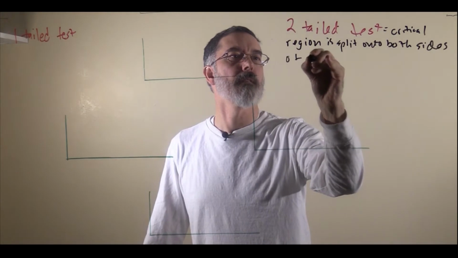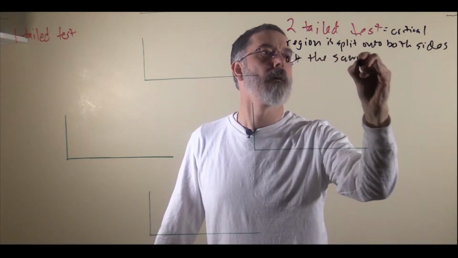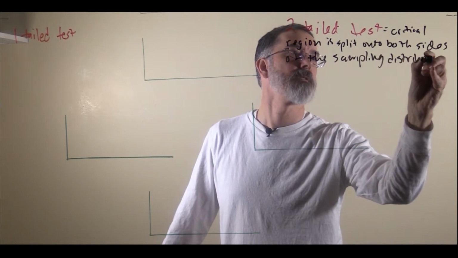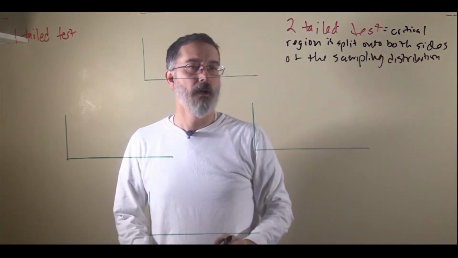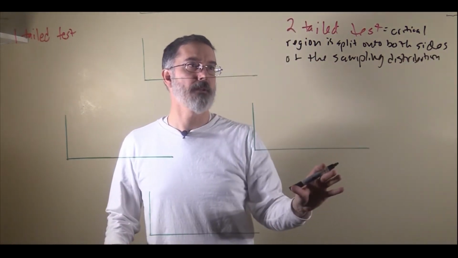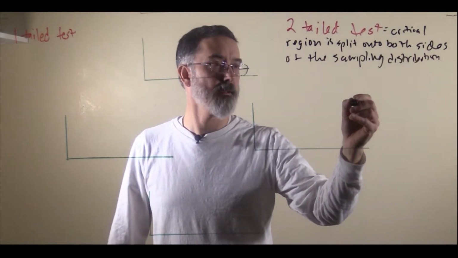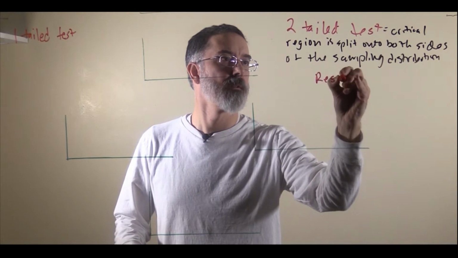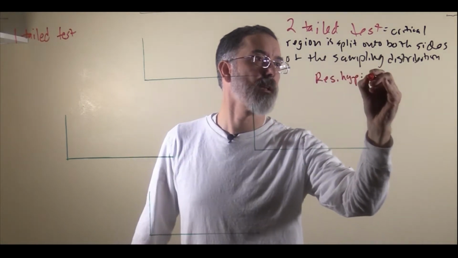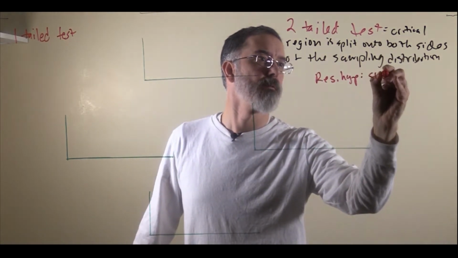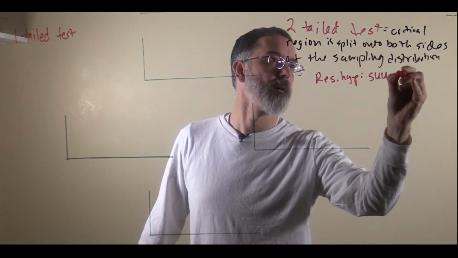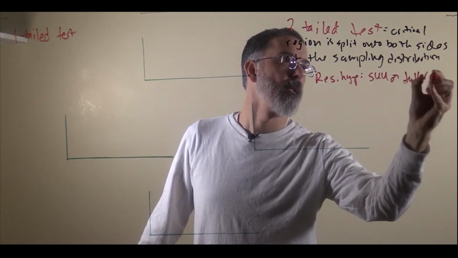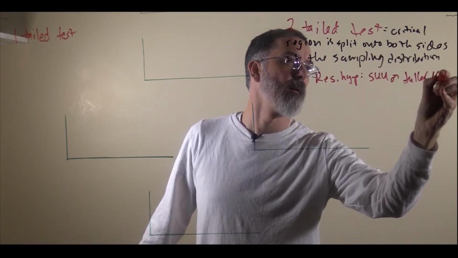All right, so we'll just work with the familiar scenario that we've worked with in the past. So our research hypothesis is that SUU men are taller than American men.